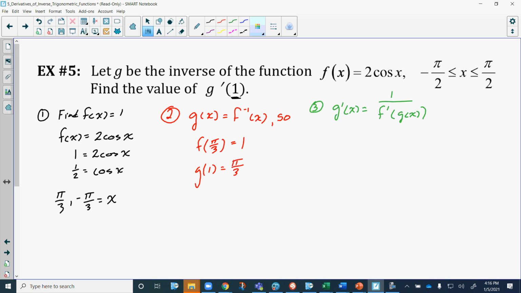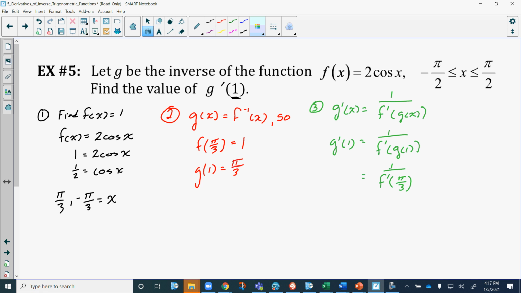So in this case, we're looking for g prime of 1. So I'm going to say 1 over f prime of g of 1. And we know that f prime of g of 1 is going to be giving me f prime of pi over 3.